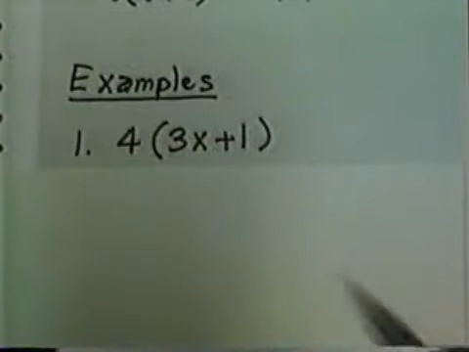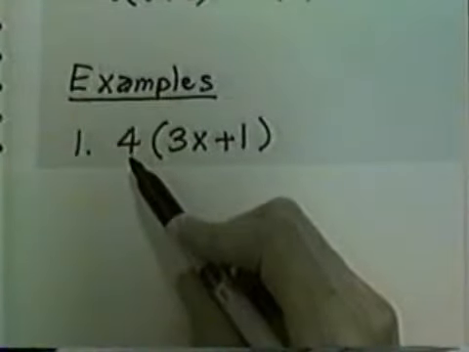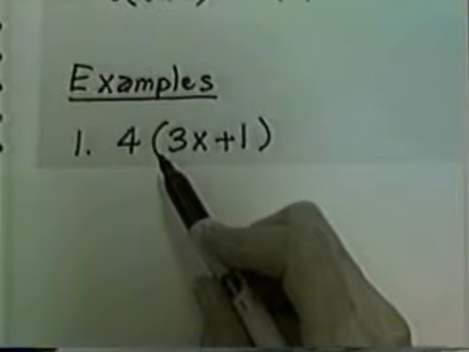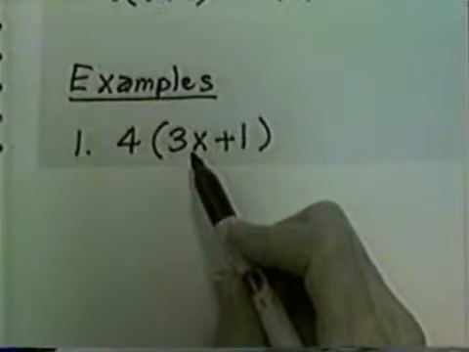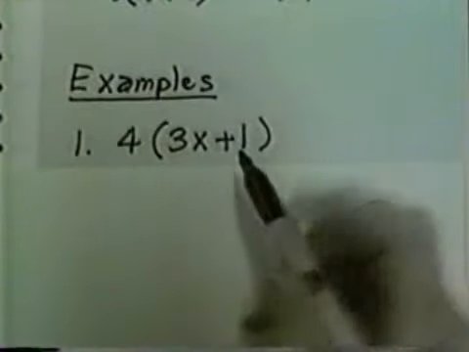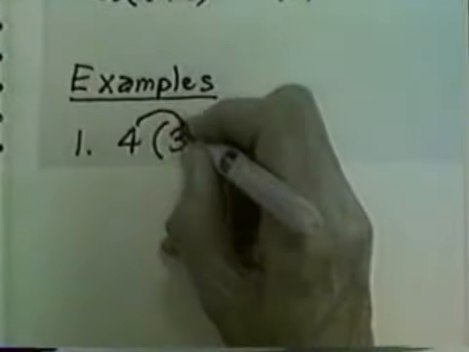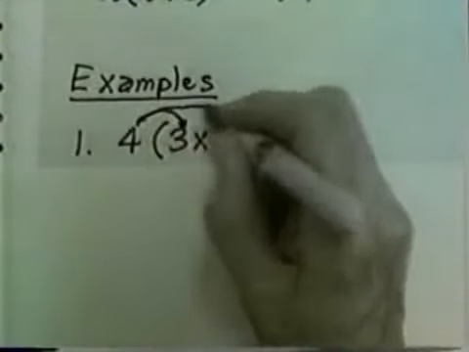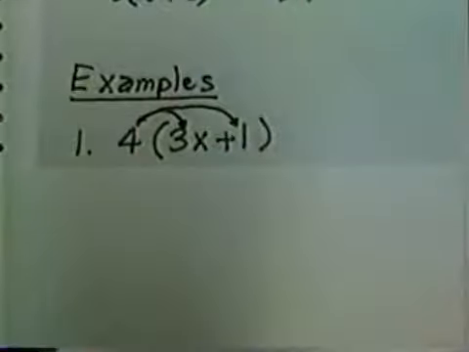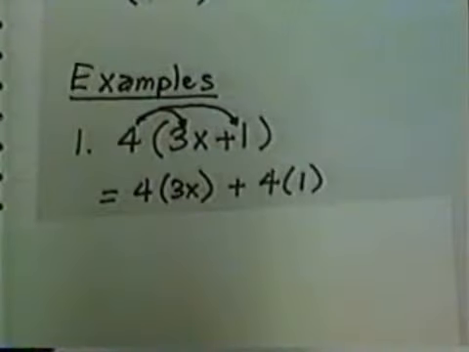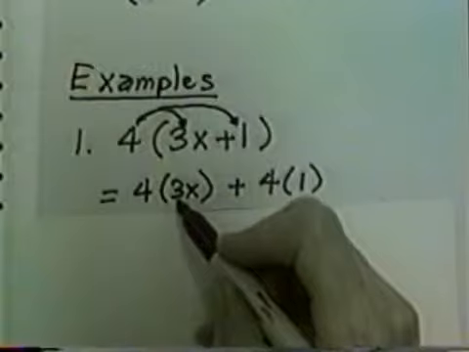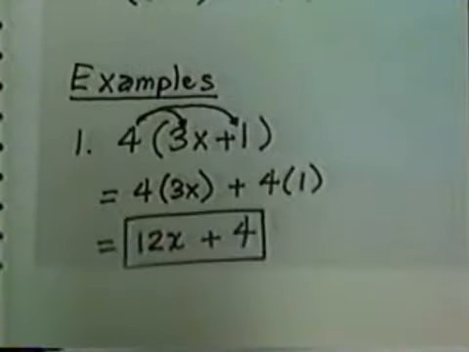Notice that we have a factor 4 outside parentheses, and inside the parentheses we have the two terms 3x and 1. 4 is multiplied by 3x, 4 is multiplied by 1: 4 times 3x plus 4 times 1. The result, 4 times 3x is 12x, 4 times 1 is 4, and so we get 12x plus 4.